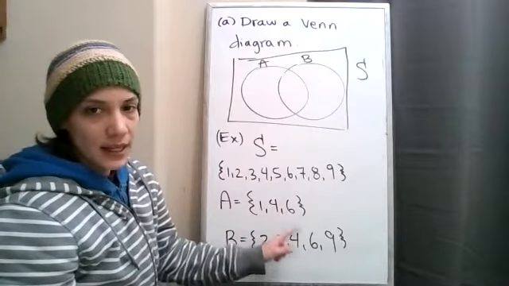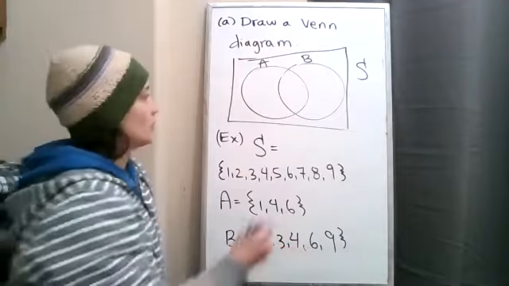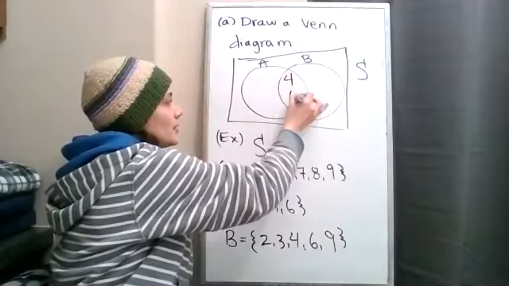We've got 4 and 6 common to both sets. I go into that part.